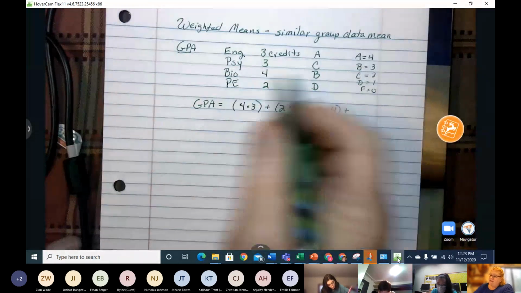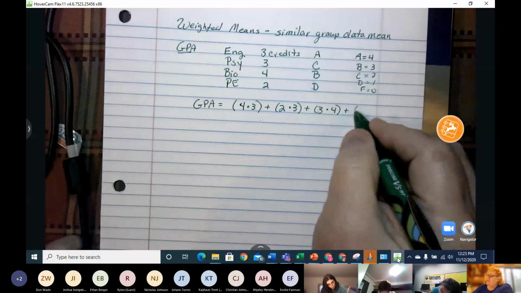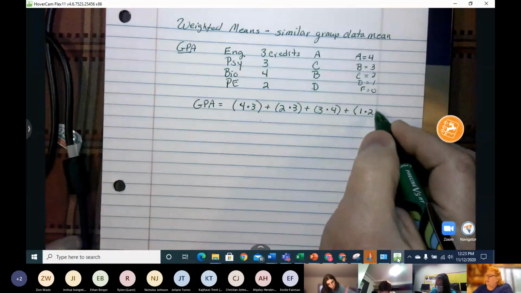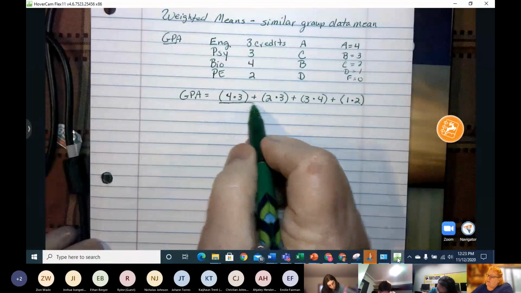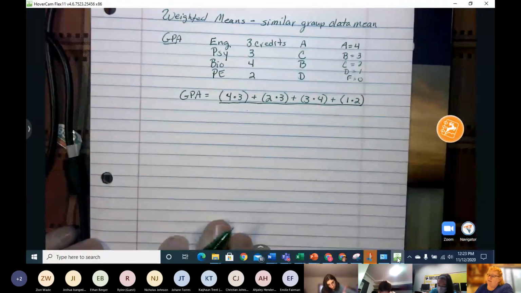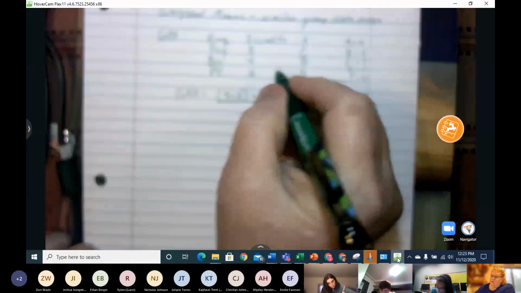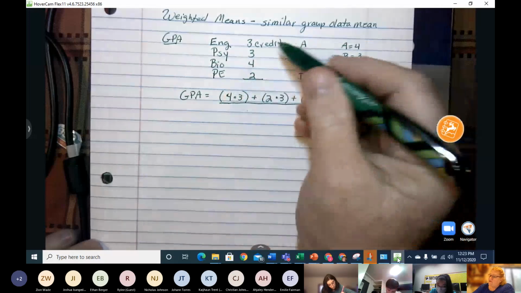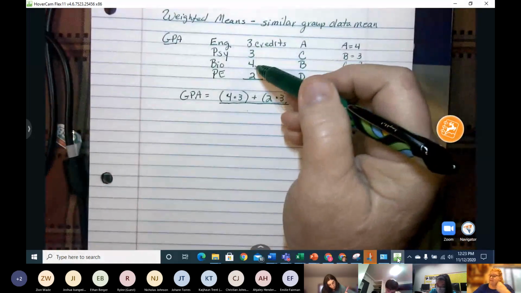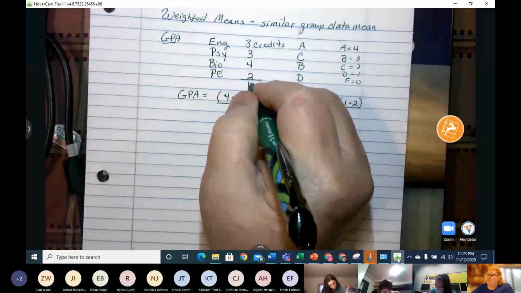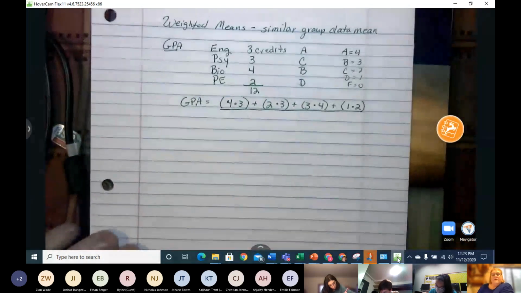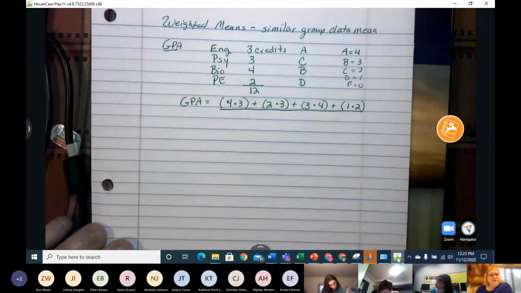And the PE class, the value of the D was 1 times the credit. And then we're going to take all of that and divide it by the total number of credits that you took. So 3, 6, and 4 is 10, and 2 is 12. A minimum of 12 credits to be a full-time student.